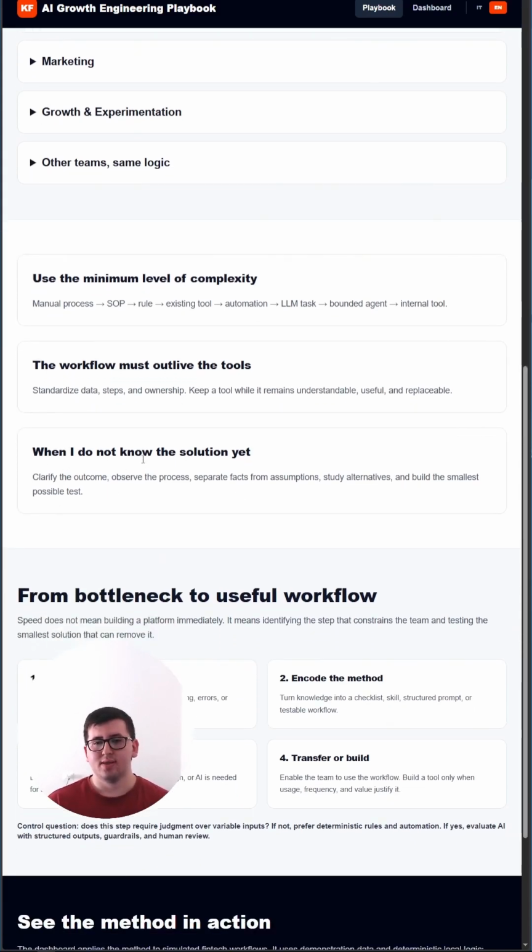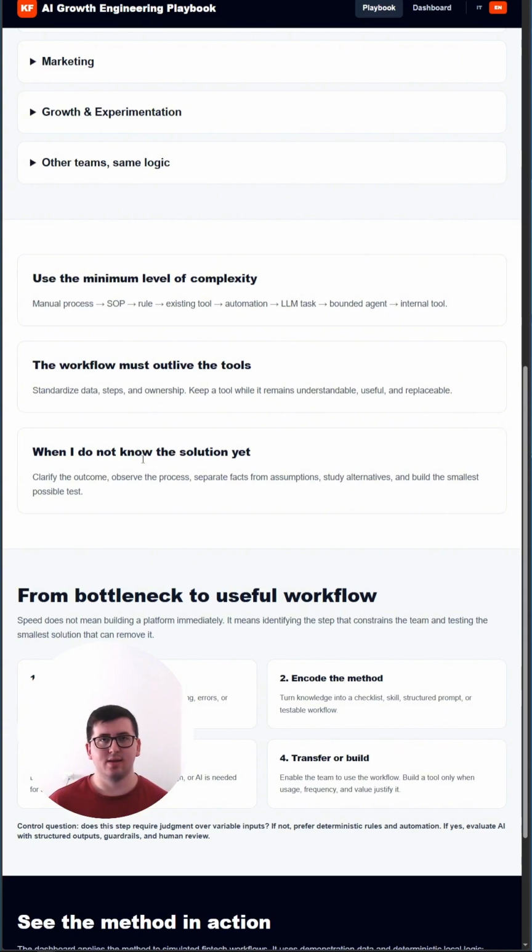Something really important that I suggest you understand: when you don't know the solution yet, what happens? You go into crisis and you don't do anything. You leave a problem there. No, a lot of the time you don't know the solution yet. So you need to clarify the outcome, observe the process, separate fact from assumption. This is a big thing.